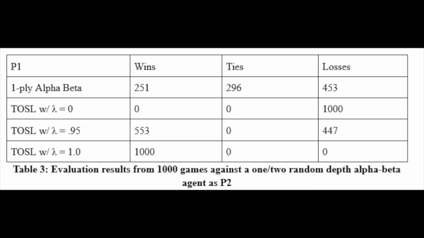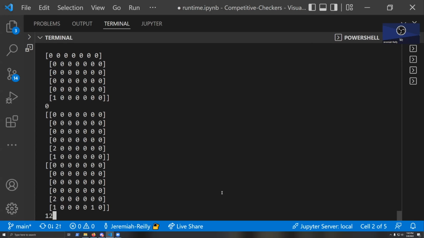We came to 3 conclusions during our research. The first being that the Monte Carlo approach is more effective when reward signals are only at the end of the episode, such as in our game environment. And 2, that our feature selections were at least somewhat successful in learning Connect 4, as our agent, when it was trained with effective hyperparameters, was able to beat a 1 and 2 ply alpha beta opponent.